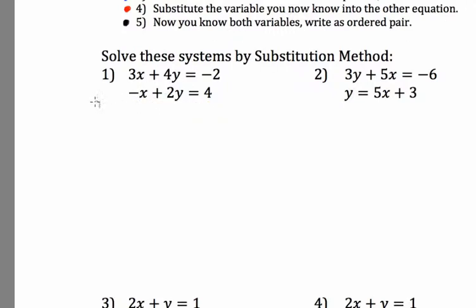So here's step 1. Get x by itself. Divide every term by -1 so that I have just x by itself.